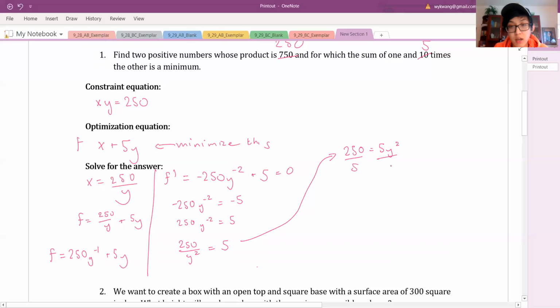So then we're going to get 50 is equal to y squared. So y is equal to square root of 50, which is equal to square root of, oh sorry, 2 times 25, which is equal to 5 root 2.